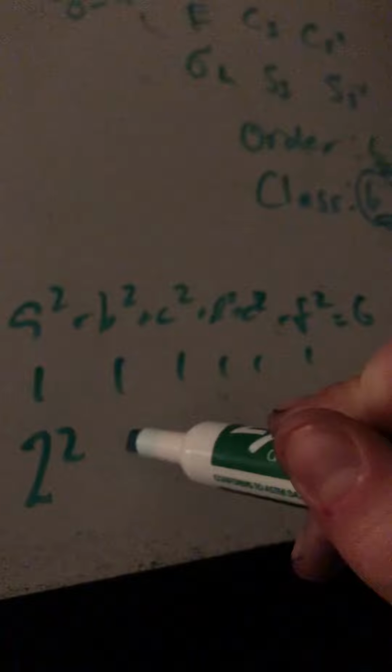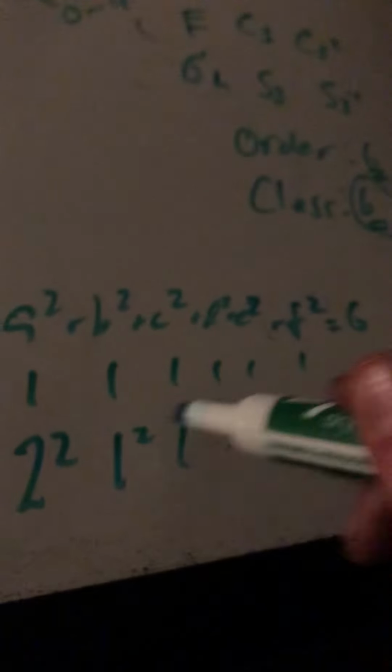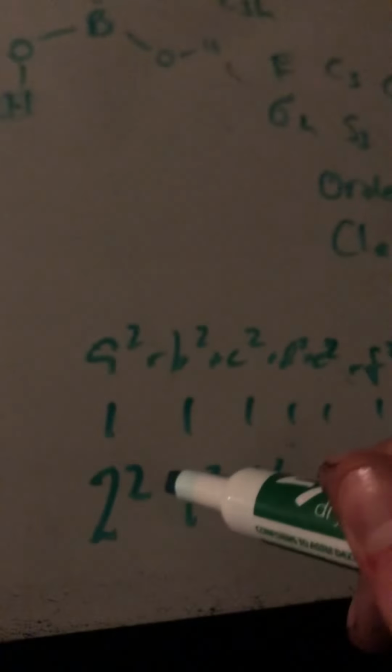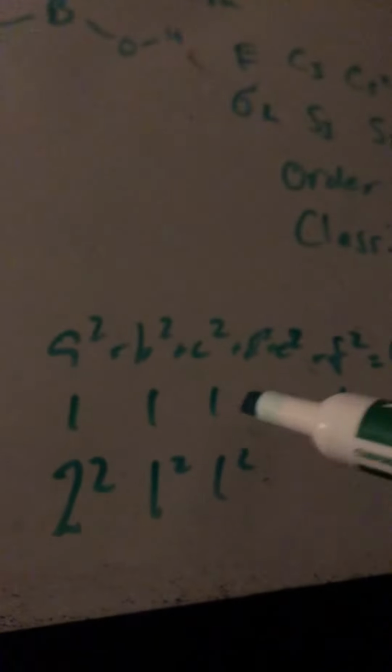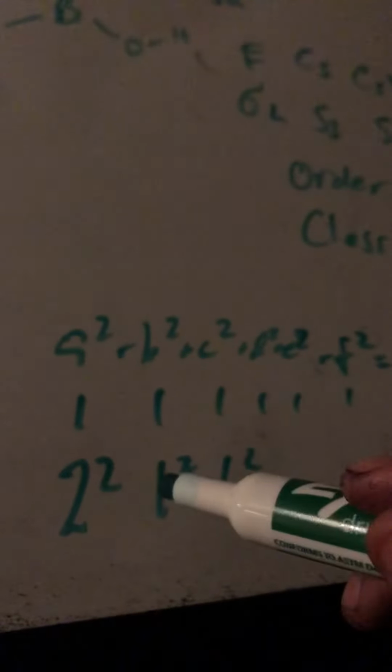So if we have a 2 here, we're already at 4. To get to 6, we can only really have 2 other 1s. 2 squared is 4, 1 squared is 1, 1 squared is 1, and 4 plus 1 plus 1 equals 6.